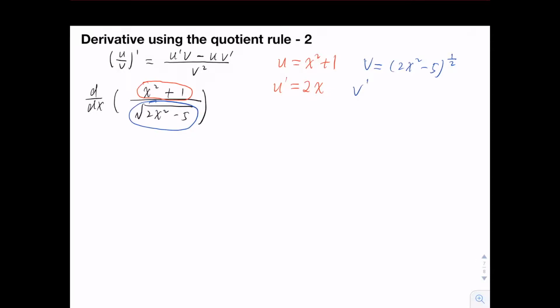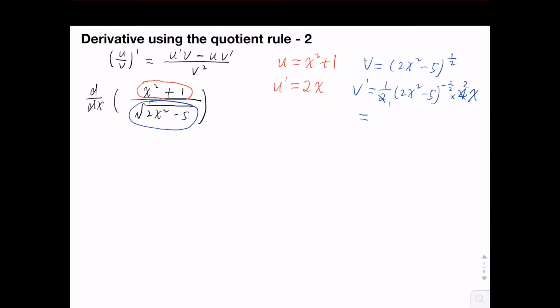So v dash. Power rule again, half goes down, and the power on top is half minus 1, which gives me negative half. And don't forget your chain rule with the inside differentiation, which gives me 4x. And then, to be able to use v dash easily, I have to simplify first.